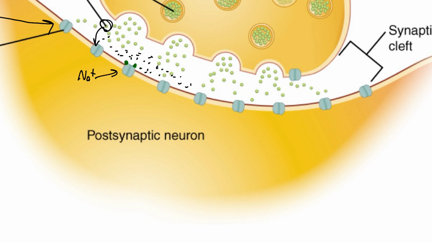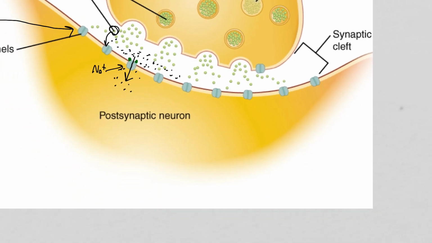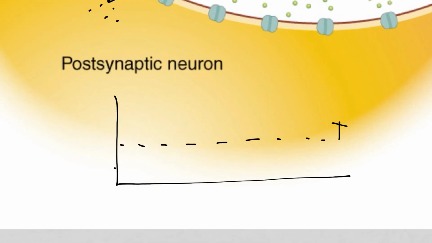So if we open a sodium channel, we expect it to diffuse from high to low concentration into the cell. Okay, now, if you remember on our action potential graph, this is threshold. Remember, our negative 70 resting membrane potential value is below that.